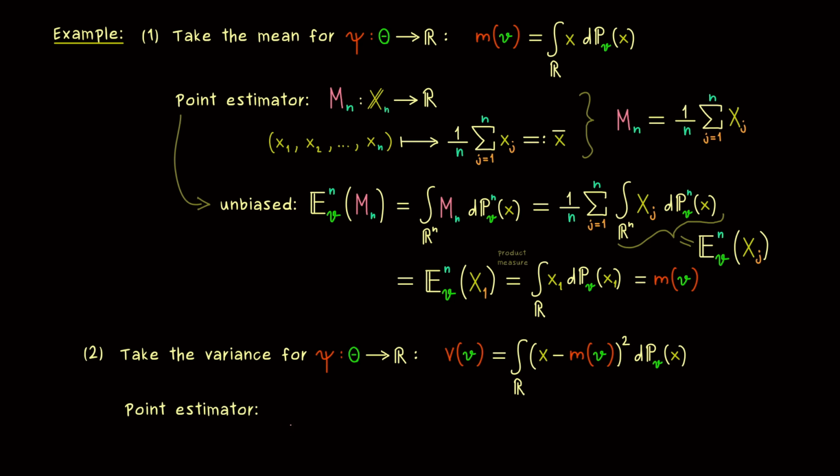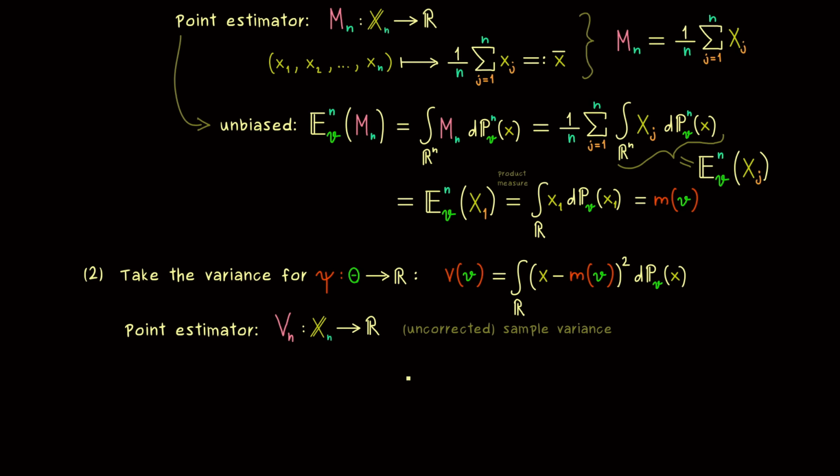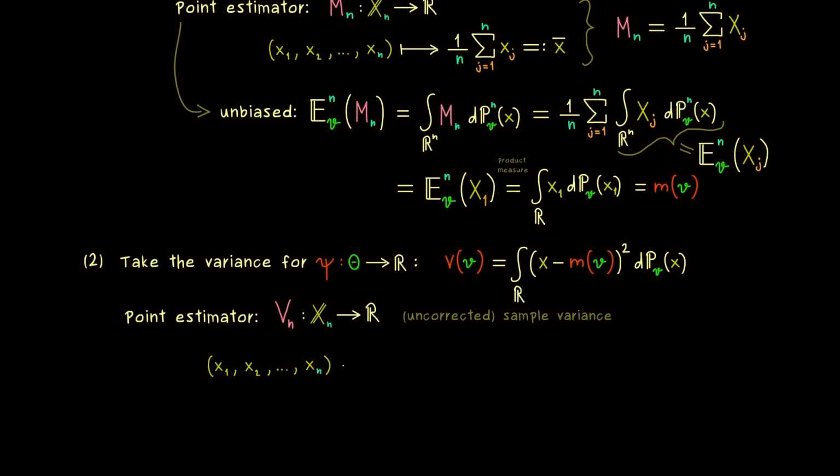And now as a point estimator, we can take the sample variance, which we can call capital Vn. And from the videos before, we already know that different definitions exist. And what we do here, we take the sample variance, which is uncorrected. This means it's just the natural definition you would choose to calculate the variance of a sample.